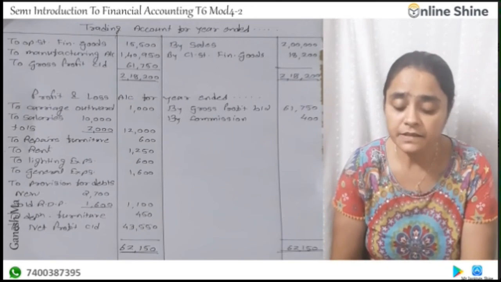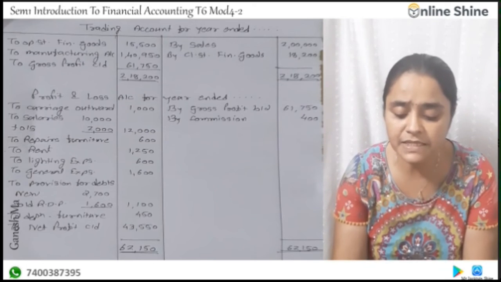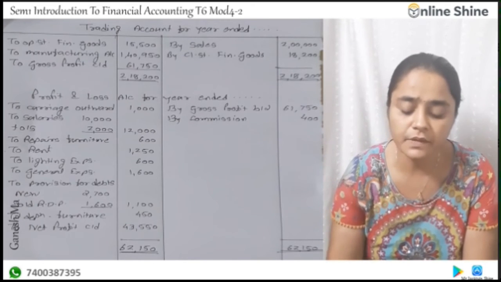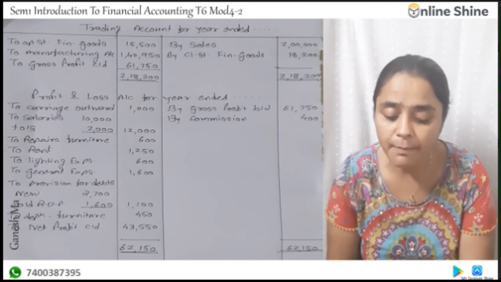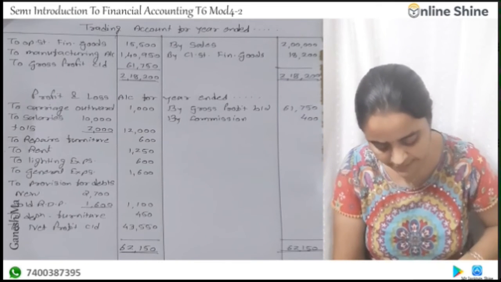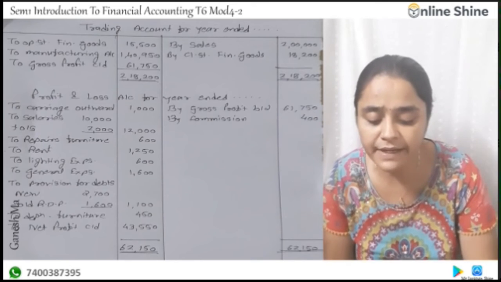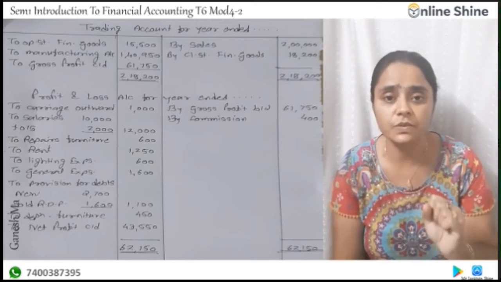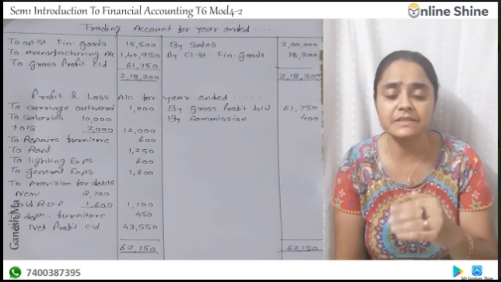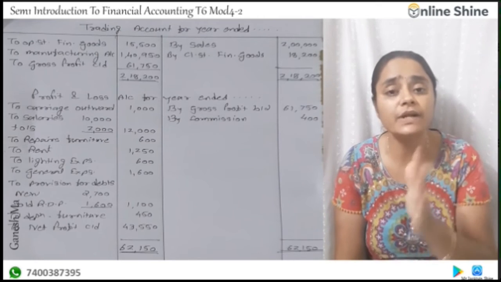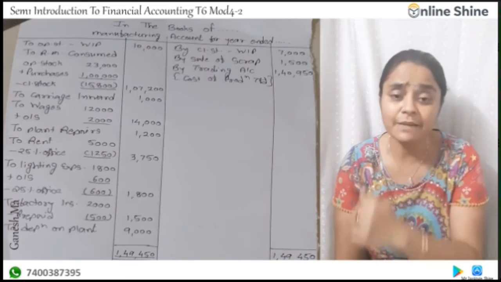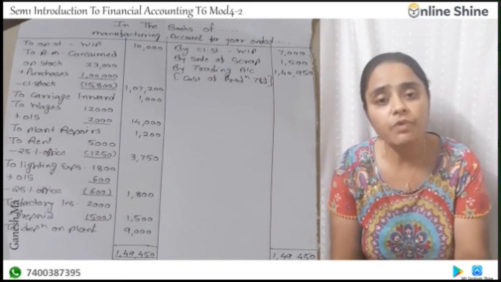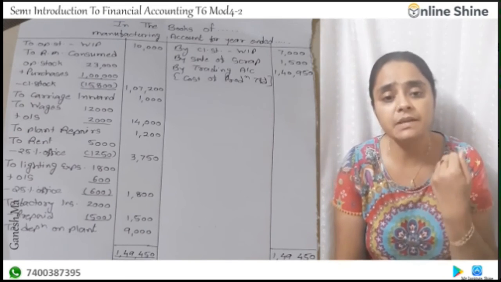The next item you have to transfer over here is the rent. What was the rent which was mentioned over here? Rent was 5000. Now 25% of 5000, that means one-fourth portion, comes as 1250. That has been used for my office purposes. That means 75% has been used for my factory purposes, or you can say in my manufacturing account.